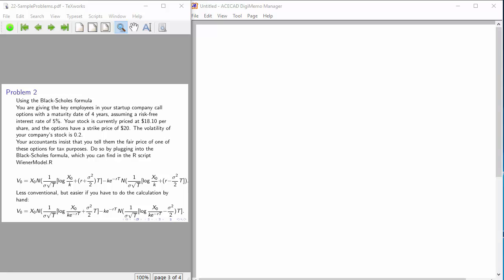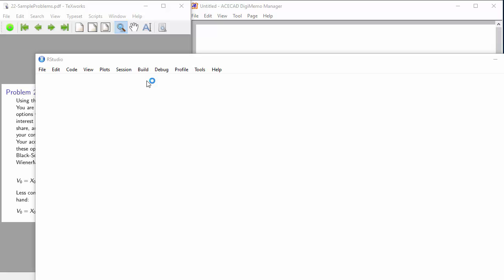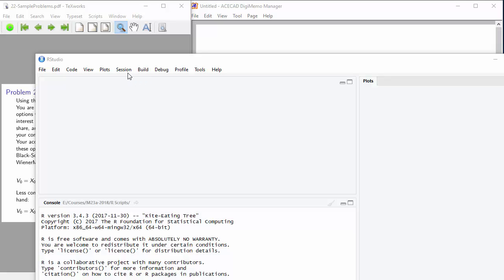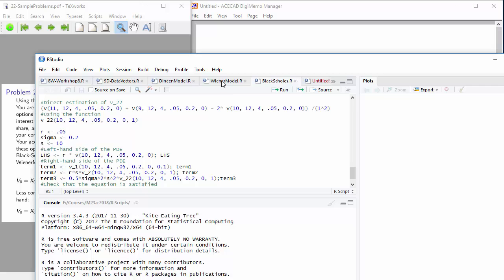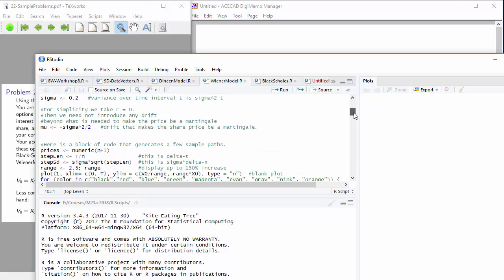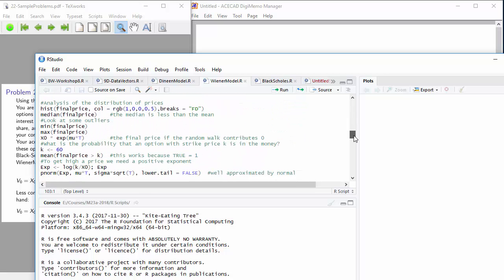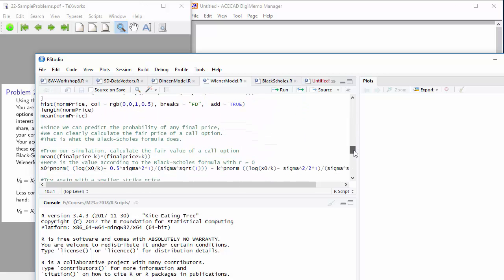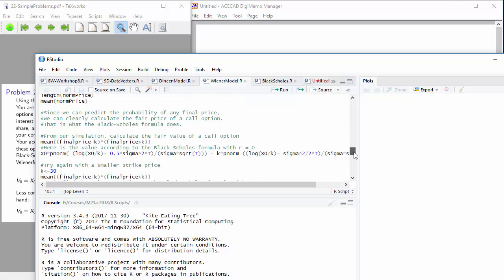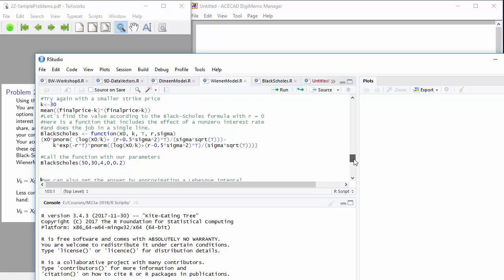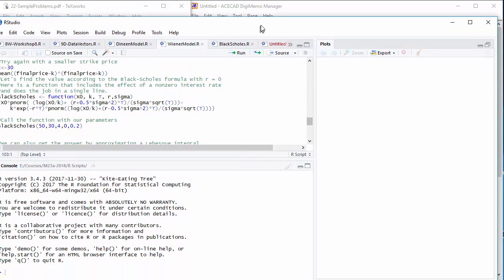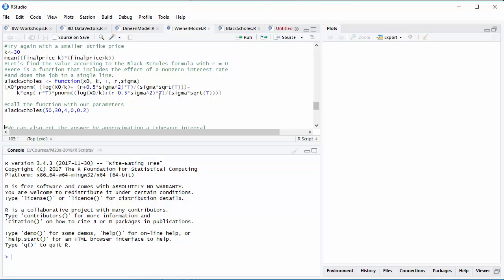Well, no one wants to do these computations by hand, so let's have R do the job. I haven't tried this, but let's hope it works. So we bring up RStudio, bring up the Wiener model file, scroll down to find this nice little formula, and define this function.